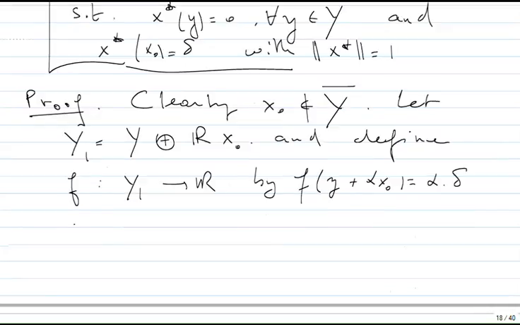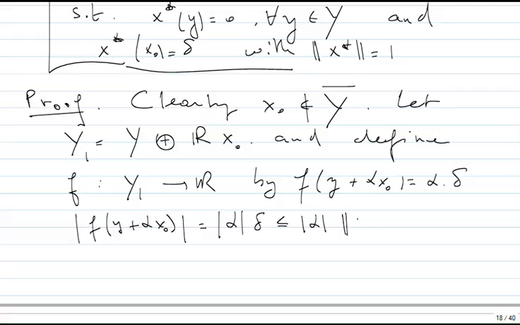So we have the absolute value of f of y plus alpha x0 equal to the absolute value of alpha delta, which is less or equal to the norm of x0 plus y over alpha, provided alpha not equal to 0.